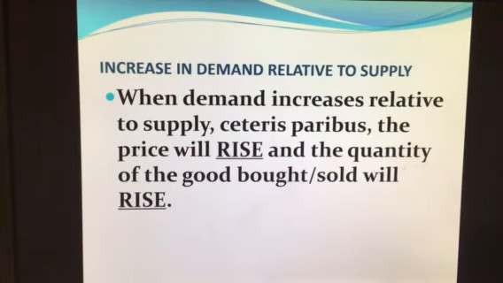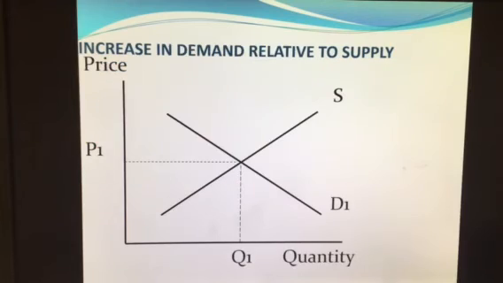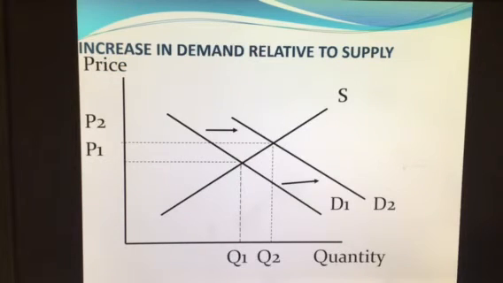When demand increases relative to supply, ceteris paribus, the price will rise and the quantity of the good bought and sold will rise. And there we see this increase in demand reflected through a rightward shift in the demand curve.